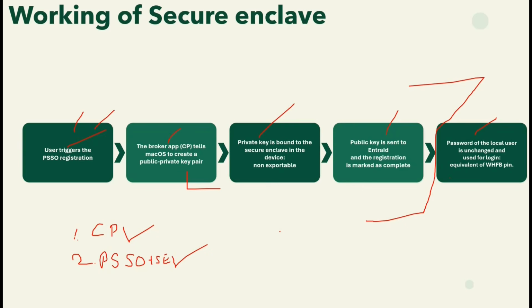Now, traditionally, if you had a macOS device onto which you had implemented platform single sign-on, and you had implemented the secure enclave flavor, and let's say you were using Chrome, trying to access some cloud protected resource which was behind conditional access, it would fail because Google Chrome could not access the key that was present in the secure enclave. Therefore, Microsoft built a Chrome extension so that Google Chrome can now access the cryptographic key which is present in the secure enclave.